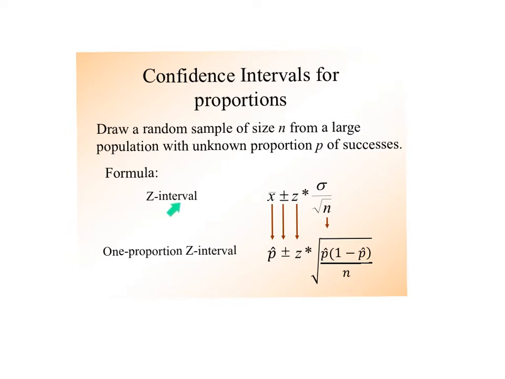So this is part of the naming process. This is the name that we would use when we're working with means. But for this lesson, this is the name we would use for proportions.